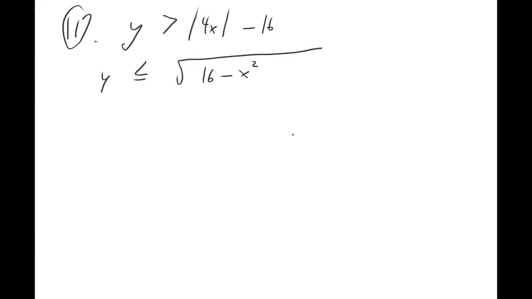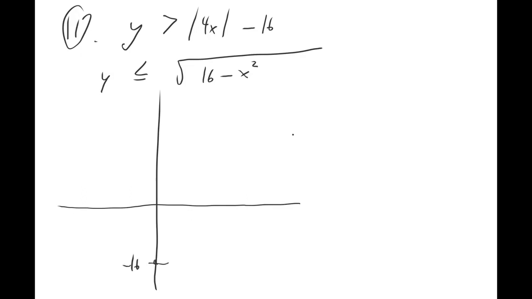So technically, the first graph is basically kind of like a V shape that starts out at negative 16, like that. And then it kind of goes upward.